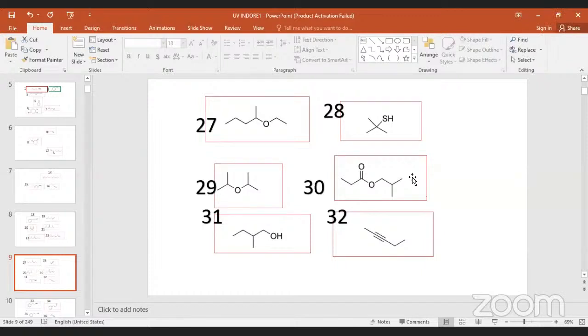All are saying correct, but a little mistake. 2-methyl-ethoxy and propane. 2-methyl-ethoxy, 2-propane.